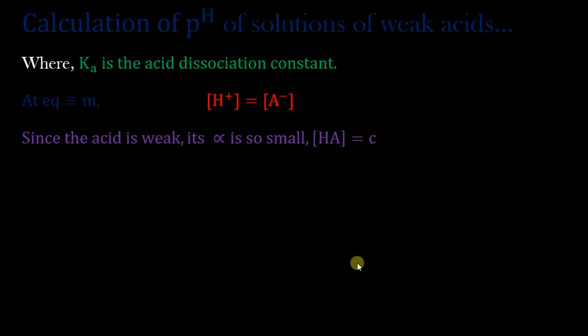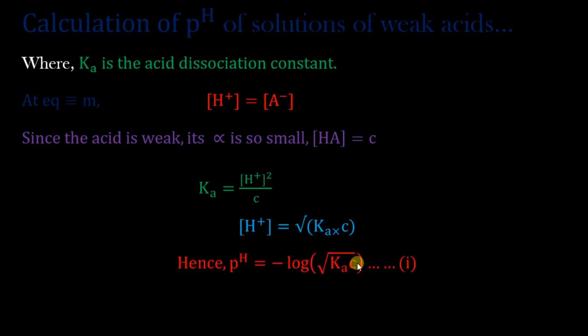Therefore, the molar concentration of the acid at equilibrium is approximately the original, C. Substituting that, Ka is equal to the molar concentration of hydrogen ion squared divided by C. Since pH is the negative logarithm to base 10 of the hydrogen ion concentration, we make it the subject: the hydrogen ion concentration is the square root of Ka times C. Hence pH is the negative logarithm of the square root of Ka times C.